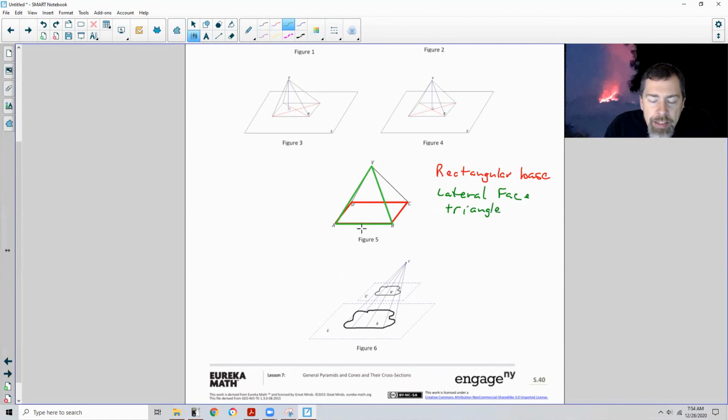So if the base is a square, then all of these lateral faces are congruent. If it is a rectangle, the opposite side, so ABV triangle, would be congruent to CDV, but BCV would be congruent to AVD. Okay, they're congruent, opposite sides are congruent, but not all four, unless the base is a square.